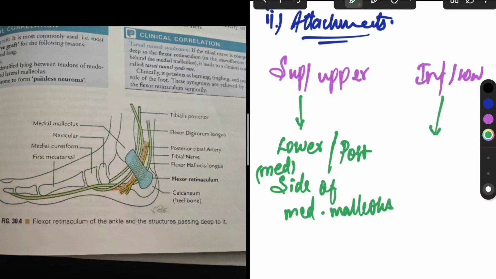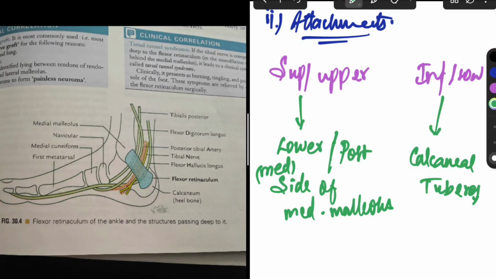And in the inferior part, it is attached to the calcaneal tuberosity. Let us clearly see it in the diagram.